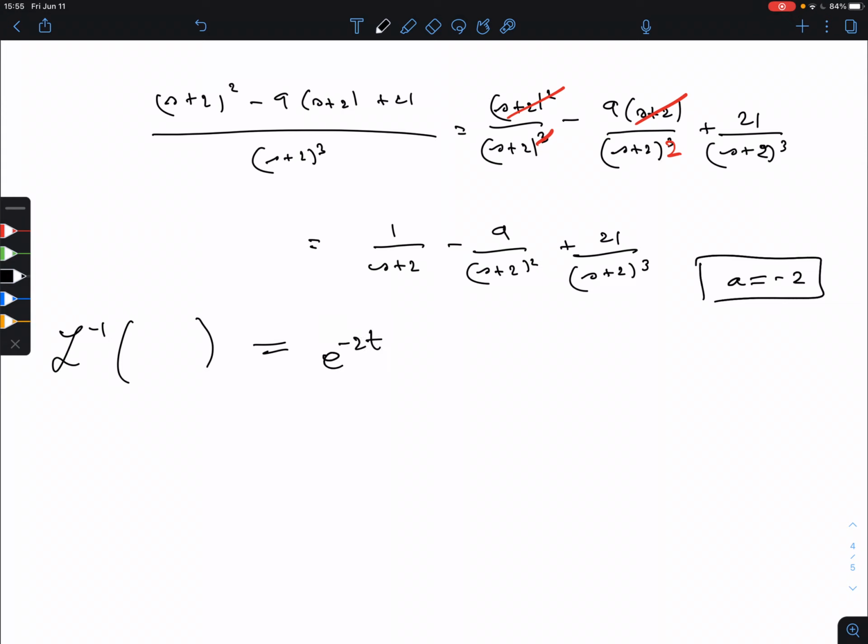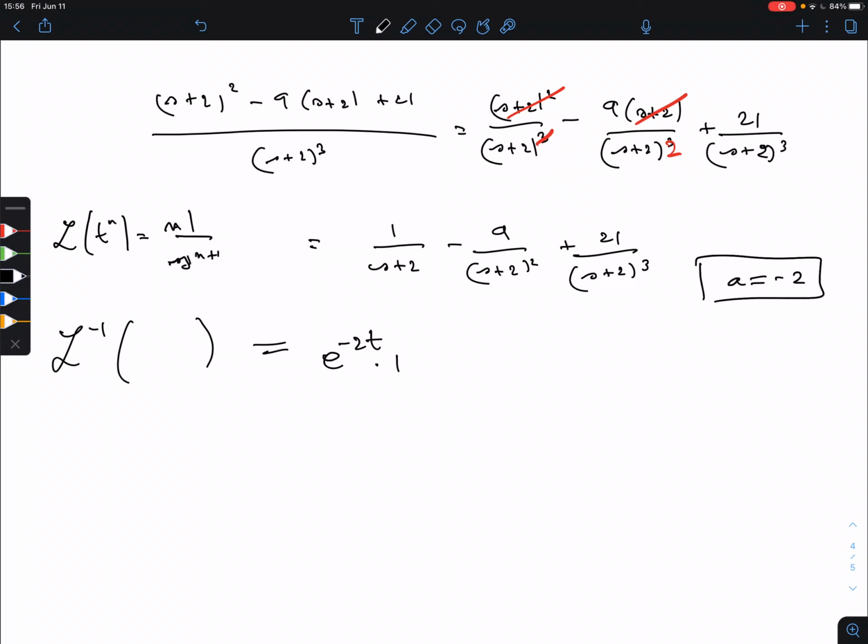And since it's all going to have the same term, let me write it. So what's the first one? Well, that's just coming from 1, right? Remember, in general, the Laplace transform of t to the n is n factorial over s to the power n plus 1.